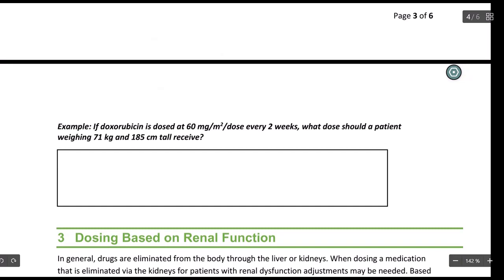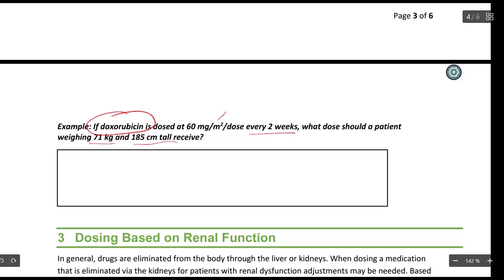So let's take an example. This is a chemotherapy, doxorubicin. It is dosed at 60 milligrams per meter squared, so it's 60 milligrams per body surface area in meters squared, and it's dosed every 2 weeks. So it says, what dose would a patient who weighs this many kilograms and is this tall get? First thing we have to do is get their body surface area.